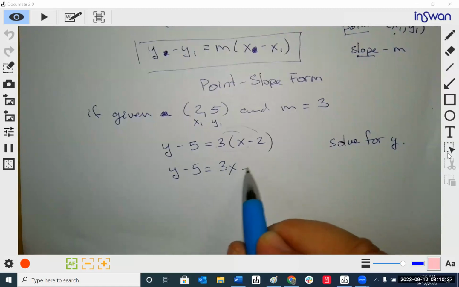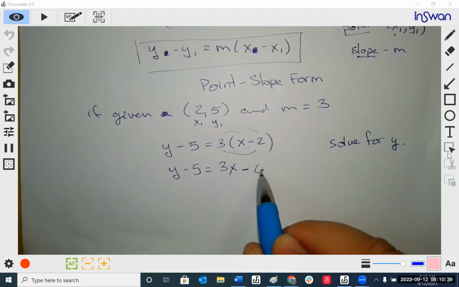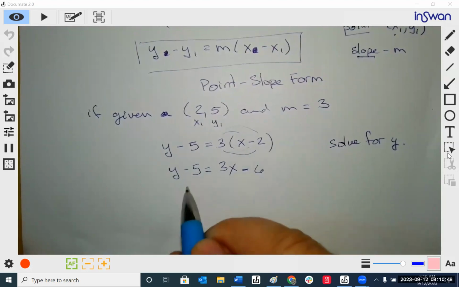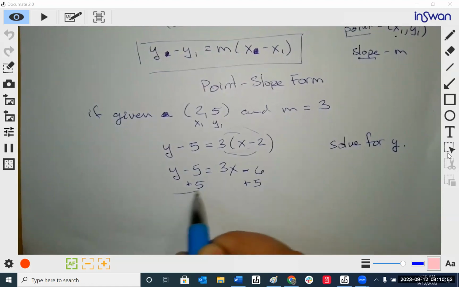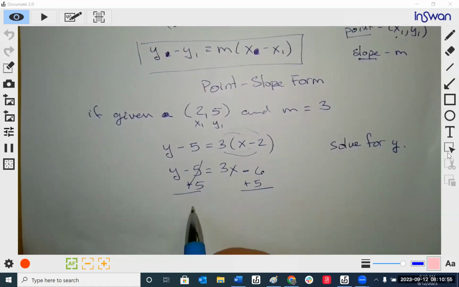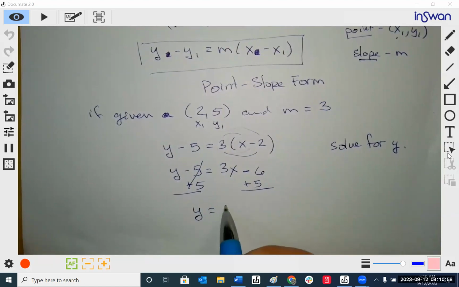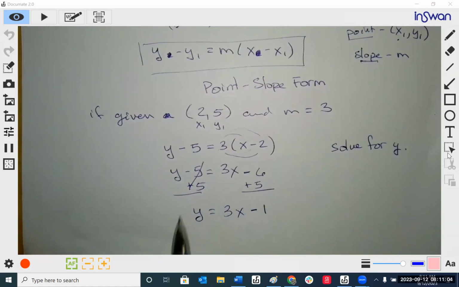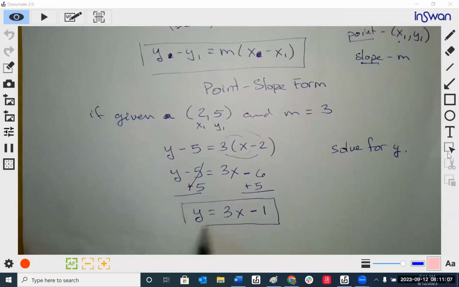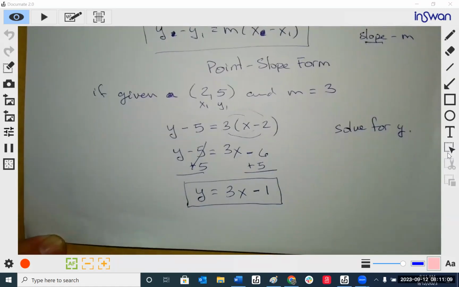Positive times negative is negative. 3 times 2 is 6. Then what do you do? Exactly. Add 5 to both sides because we have to get the y by itself. So the 5's cancel. Negative 6, positive 5. So negative 6 is bigger, so it's negative. 6 minus 5 is 1. And there we have our second form.